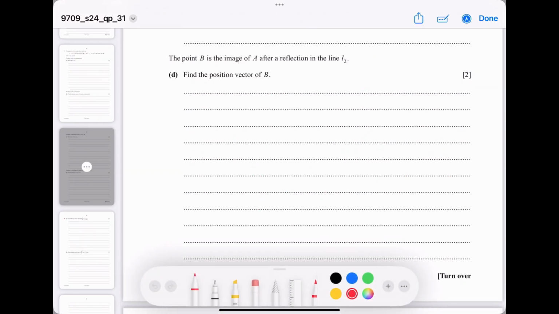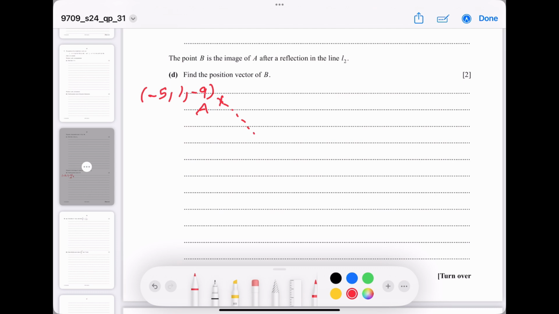So our final part D. The point B is the image of A after reflection. So from above, the point A is, this is just a visual representation, negative 5, 1, negative 9. So that's point A. We know that point A lies on line L1.